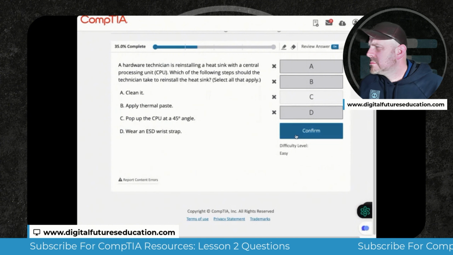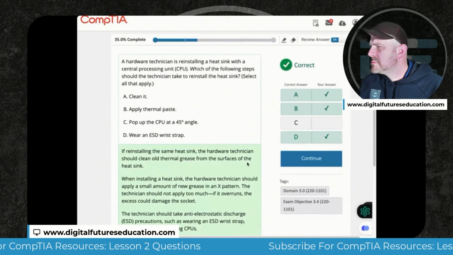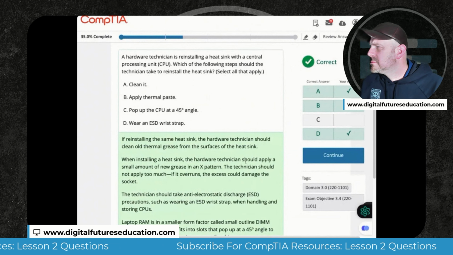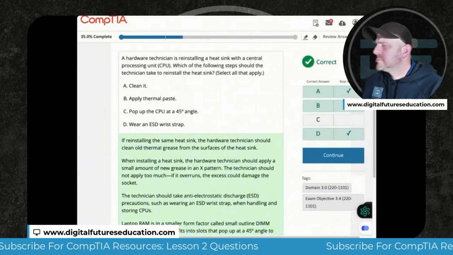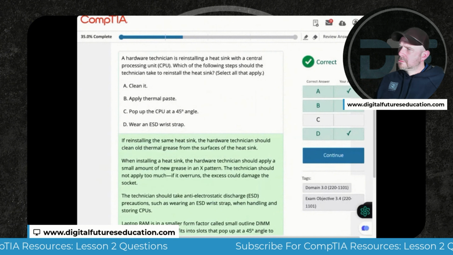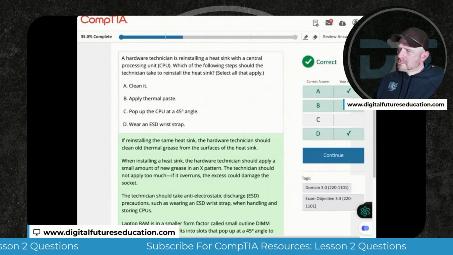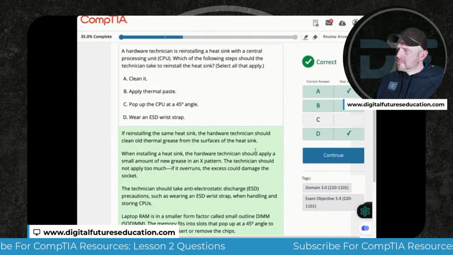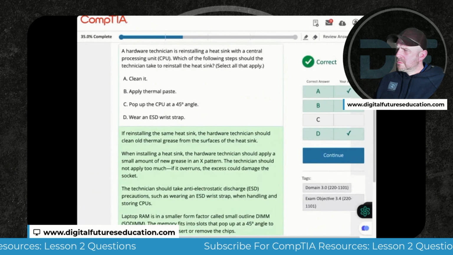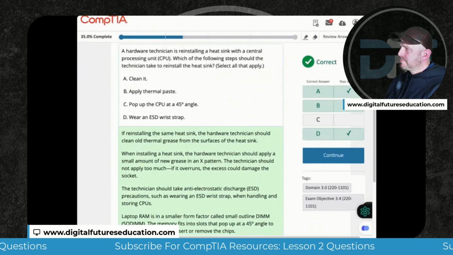A, B, D. I'll see what this is. That is clean it, apply thermal paste, wear an ESD strap. So that's one of those where, even though it may have been at a 45-degree angle at some point, it wasn't considered something to include. If reinstalling the same heat sink, the hardware technician should clean old thermal grease from the surfaces of the heat sink.